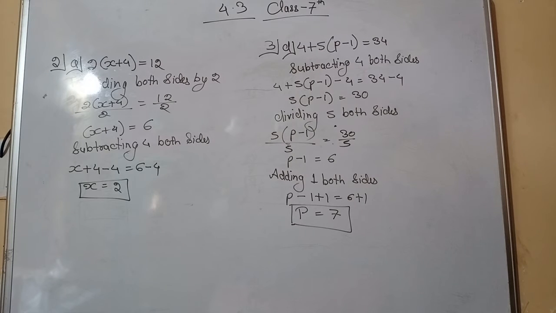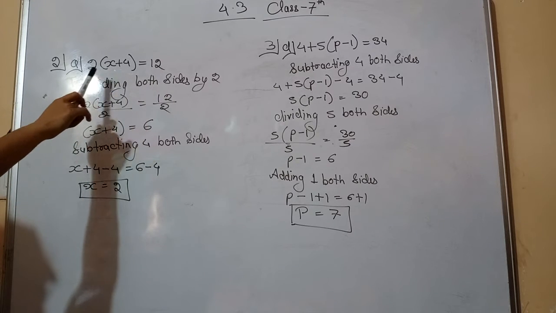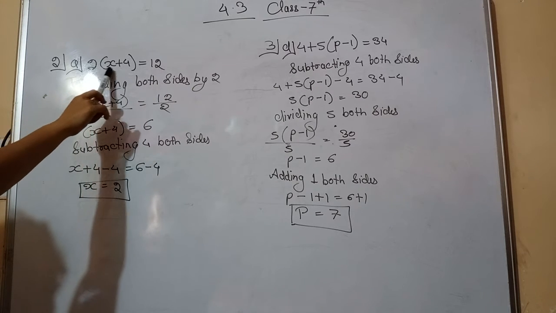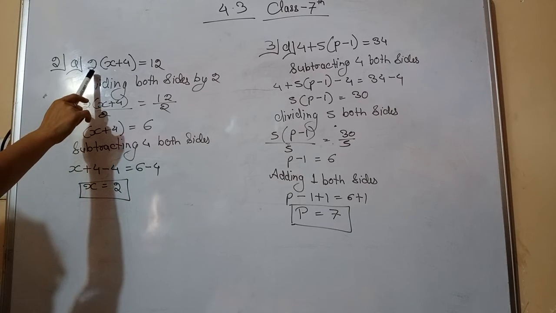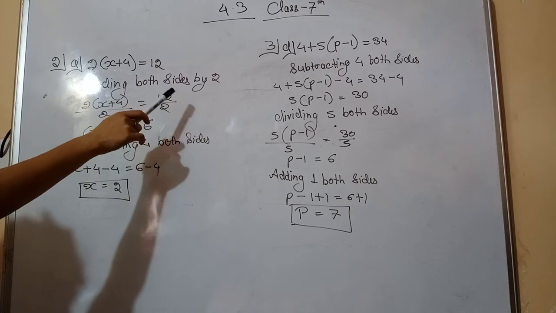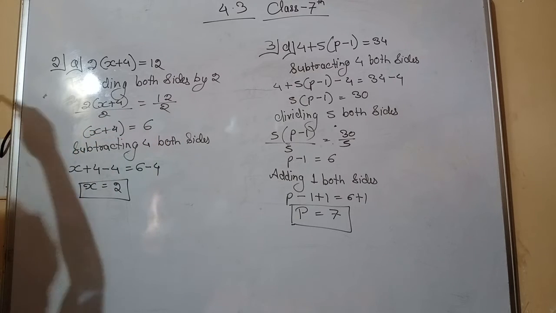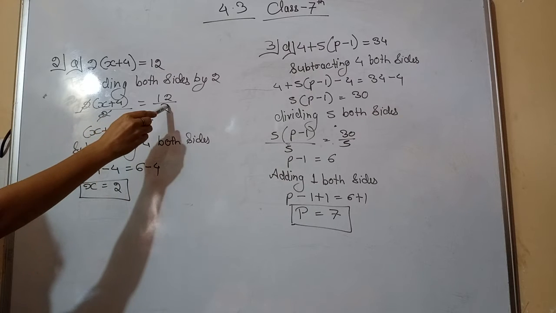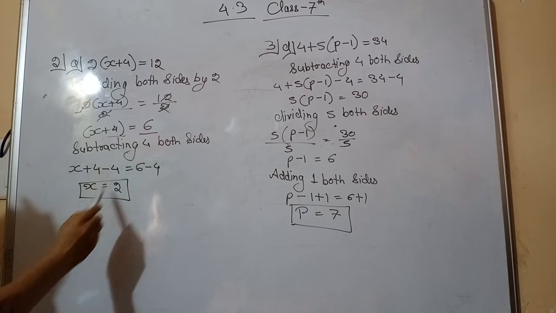Now let us see what is given in question number 2, option number A. See here, 2x + 4 = 12. First we have to eliminate the constant which is multiplied with the variable. 2 is in multiply, so we will divide same number both sides, dividing both sides by 2. So when we divide 2 this side and 2 this side, 2 and 2 cancel out, and 2 ones are 2, 2 6s are 12. So here remaining left x + 4 and here 6.